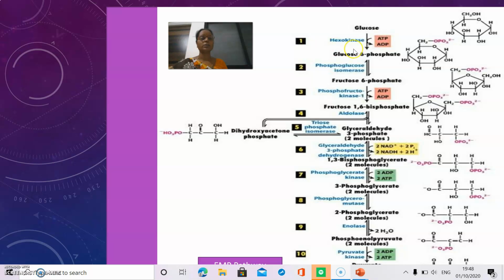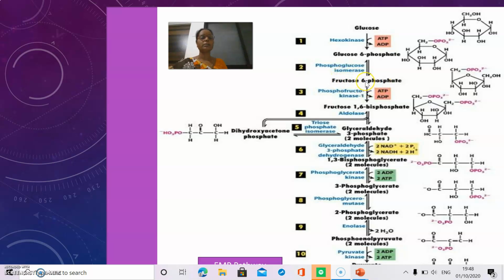Enzyme involved: hexokinase. Then glucose 6-phosphate forms fructose 6-phosphate, and this reaction is the isomerization. The enzyme involved is phosphoglucose isomerase.